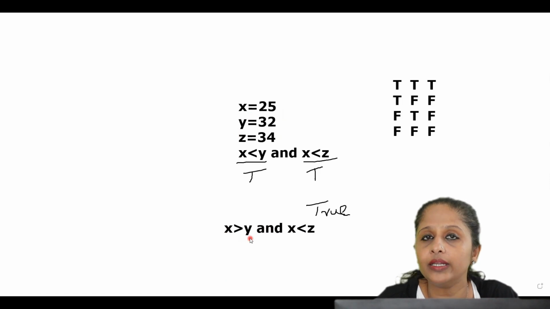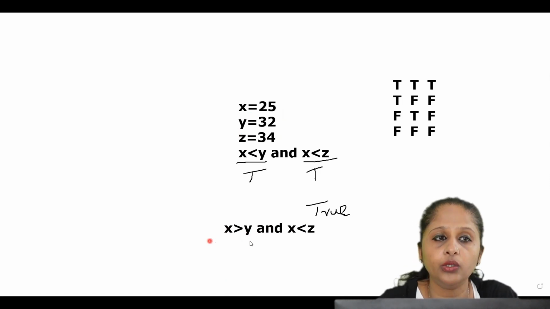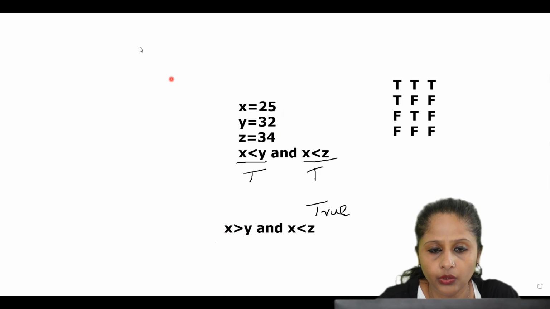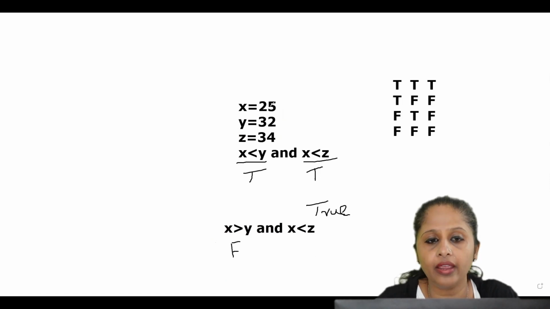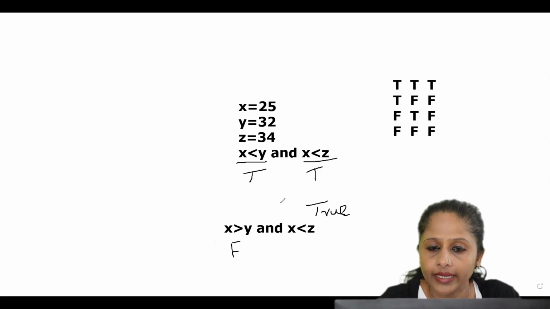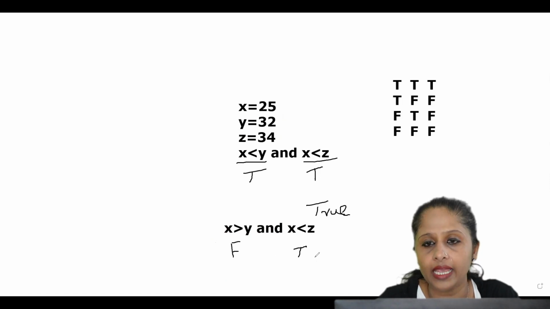Here you will not get the answer true, you are getting the answer false. And here we have x less than z, that is x is 25 and z is 34. So 25 less than 34, you will get the answer true. So false and true, you will get the answer false only.